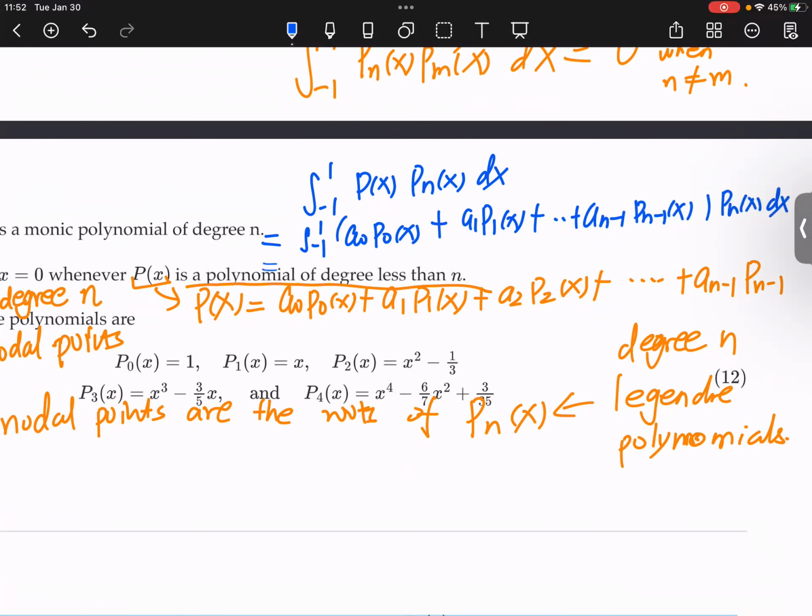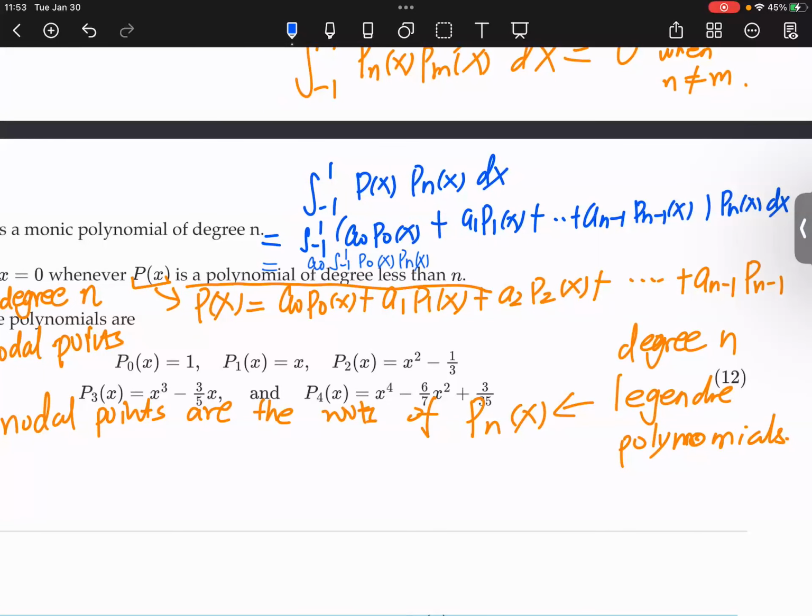If we split the sum into several integrals, a0 is just a constant, so let's move this out, and it's just P0(x) times Pn(x). I'm just expanding this expression by multiplying each term.